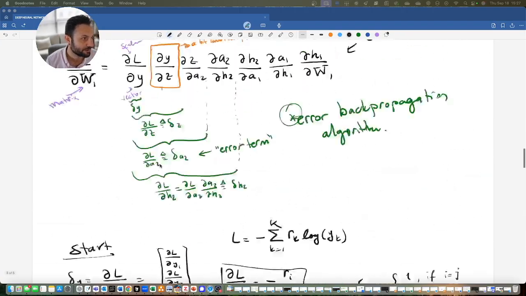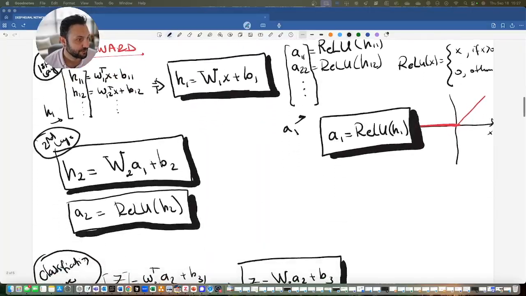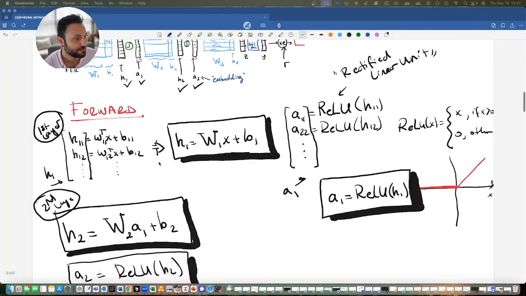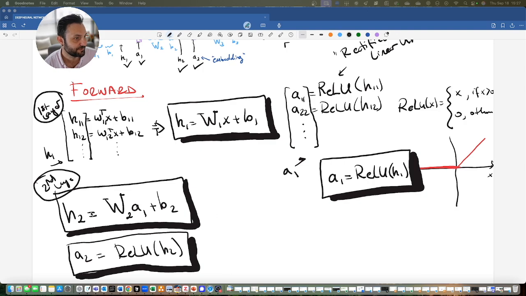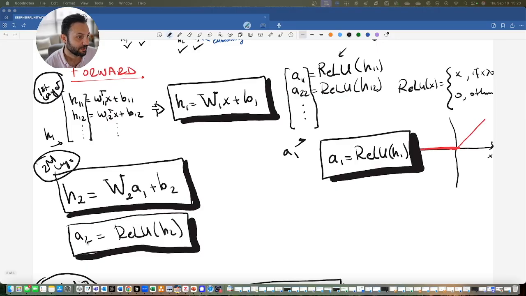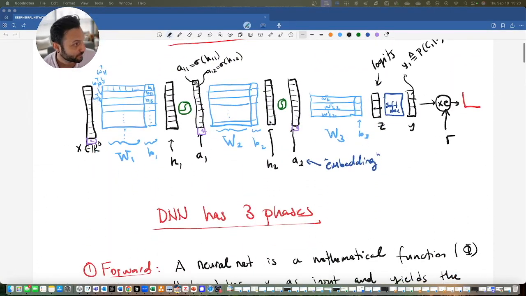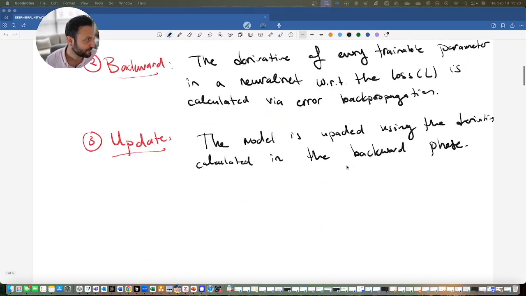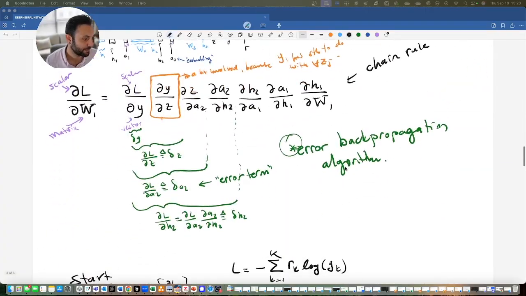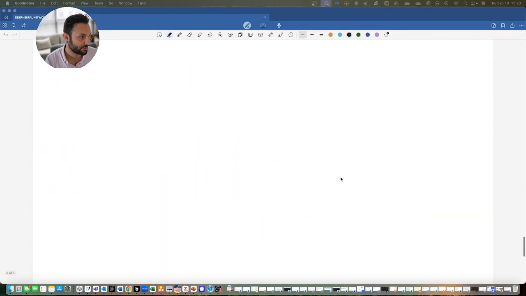So let's go to our forward function. In order for me to find the derivative that comes to A2, note that A2 is involved in calculating our Z. So we will try to find a way to go all the way to Z. What we are interested in is the derivative going to A2.